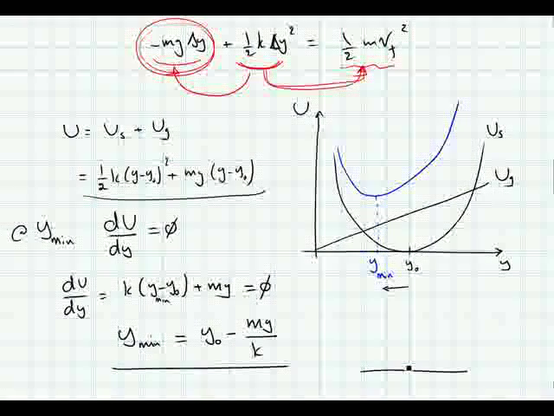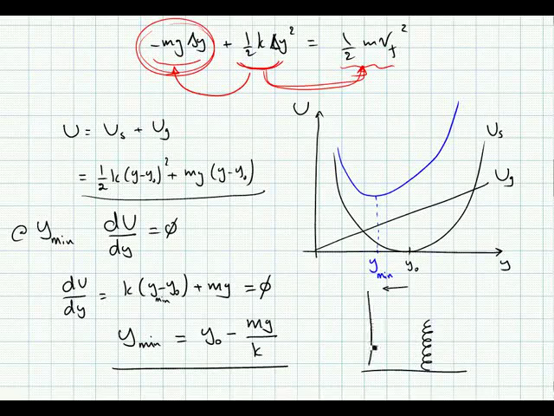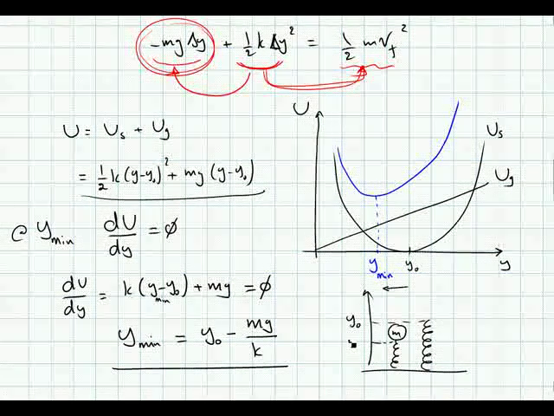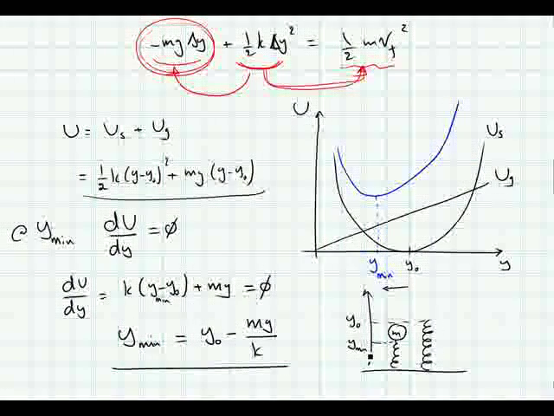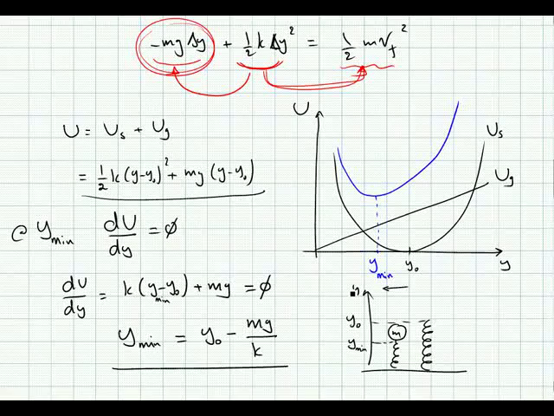That makes sense because if a spring's natural length is at y naught, if you were to place a mass on top of it, then the new equilibrium position y min is downwards in the y direction, or in our plot here is to the left.